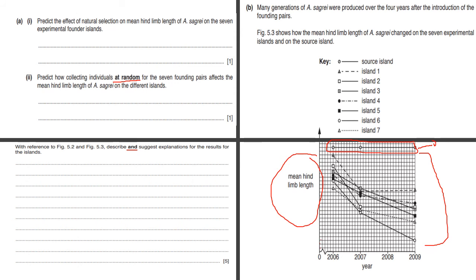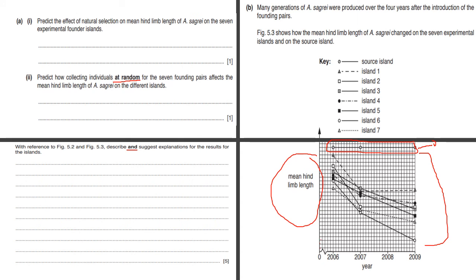So talk about the selection pressure. Talk about the fact that when you have selection pressure on specific alleles, some alleles would die off. So for example, in this case, the lizards with longer hind limbs would tend to die off, while the ones with shorter ones would survive based on the way the vegetation of the island looks. The ones that survive are able to pass their alleles to the next generation.